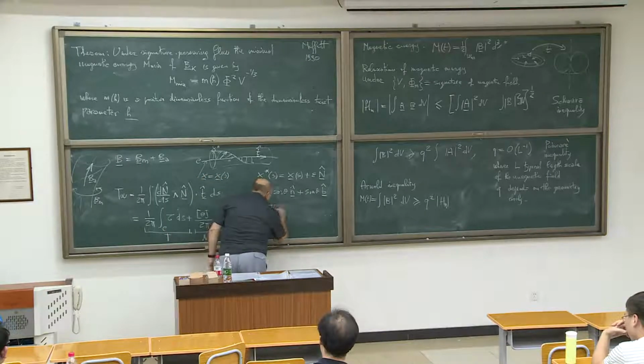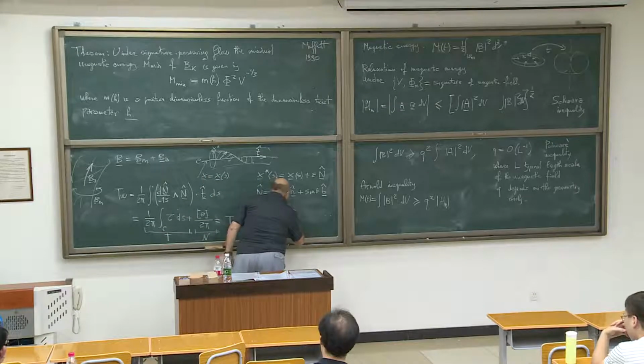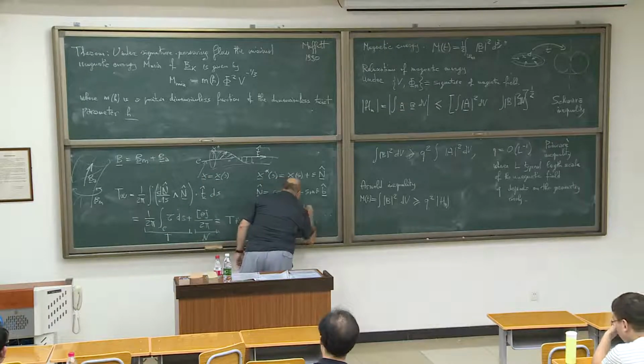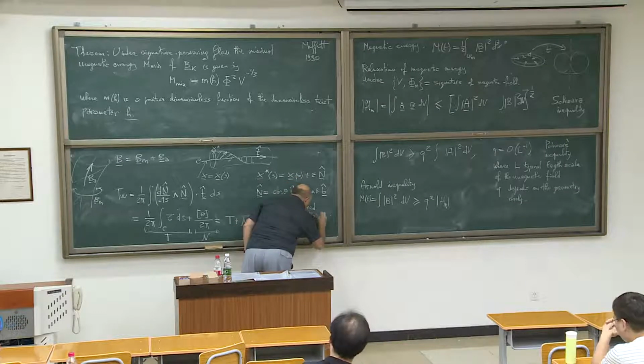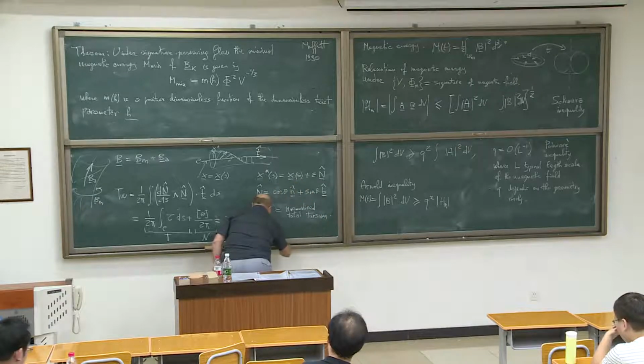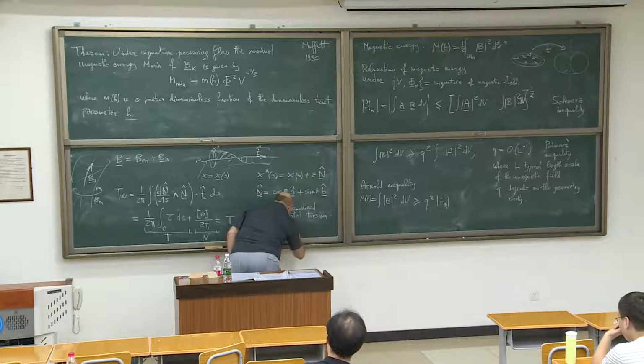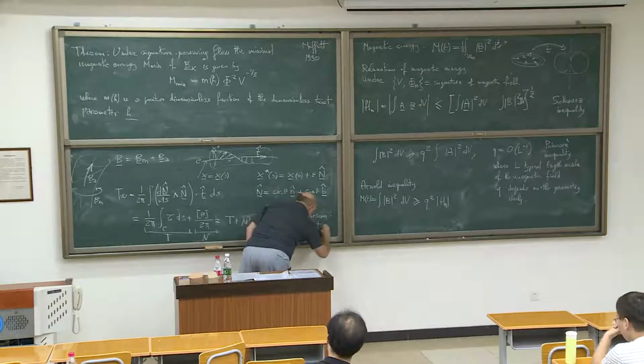So T is total, or normalized, because there is the 2 pi there, normalized total torsion, and curly n is intrinsic twist. Okay?